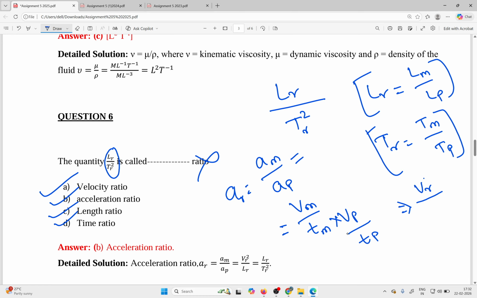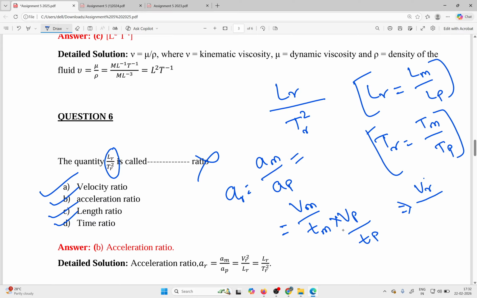For acceleration, we are writing here. Is there any mistake?